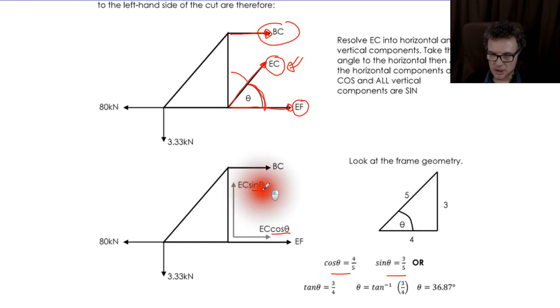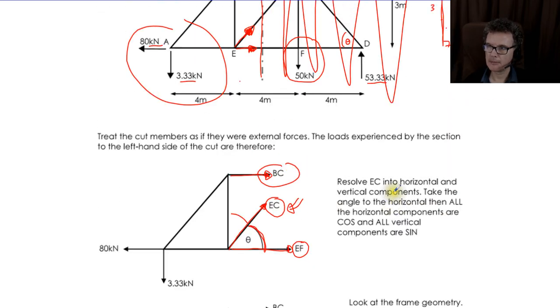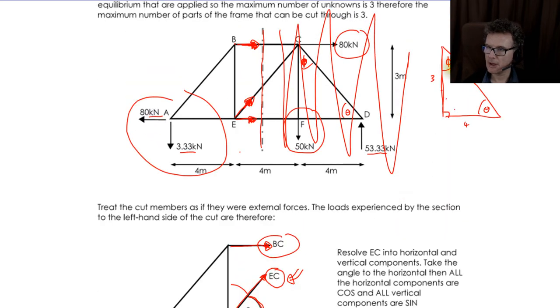The alternative that you can do is that if you worked out what the complementary angle is, you could also say EC cos phi. Okay, so there we go. So you could use this thing here.